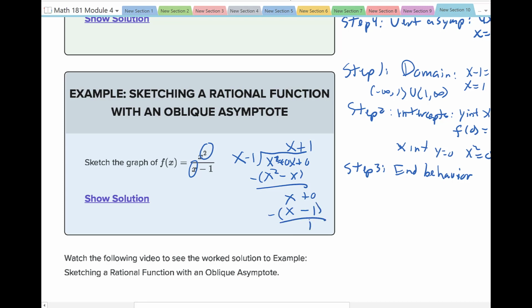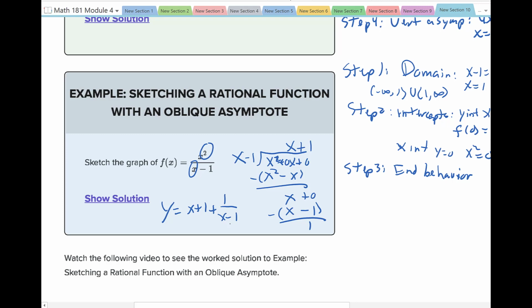I get a 1 out of that. I think I wrote my example down wrong or something, but it's a little bit different than what I originally had, but it's close enough. So our result is y equals x plus 1 plus 1 divided by x minus 1. Okay.